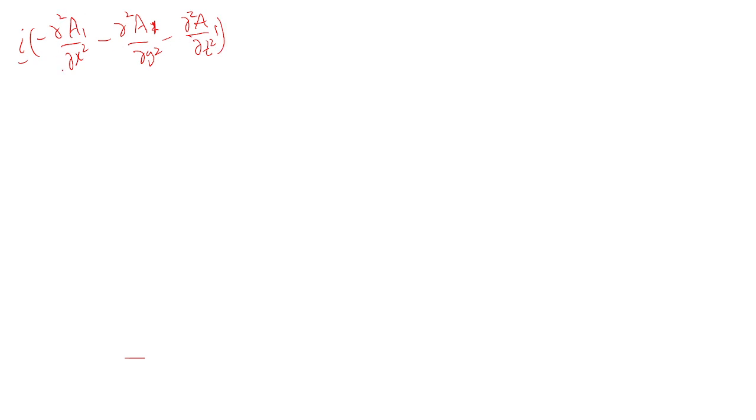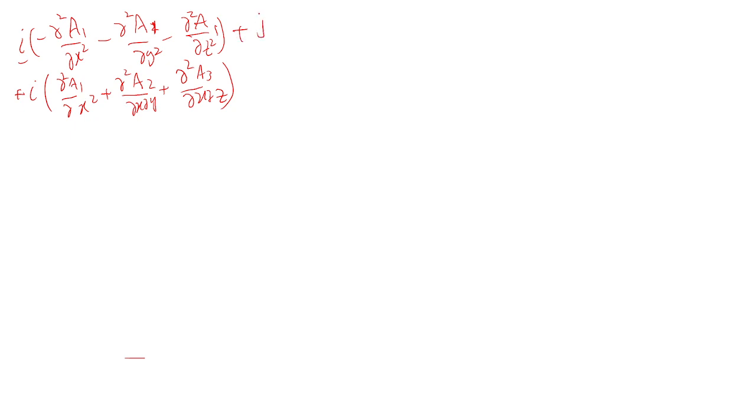So this term I subtract because it was not in its place, so I will add this one, partial squared A1 by partial x squared, to annihilate the effect of this one, and the other two terms are partial squared A2 by partial x and partial y and partial squared A3 by partial x partial z.